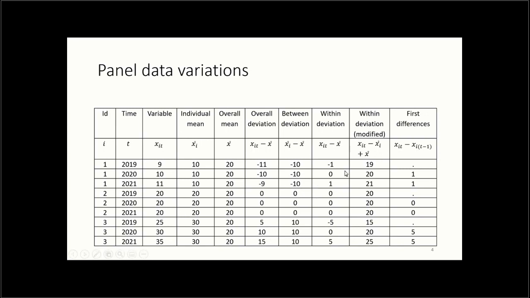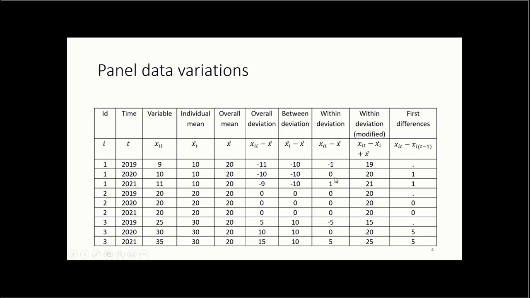And finally, for the within variation, we're doing each of the individual variables minus the individual mean here. So we have 9 minus 10 is minus 1, 10 minus 10 is 0, 11 minus 10 is 1, and so forth for the rest of the numbers. So here, what we can say is the first individual is 1 unit below their mean of 10.